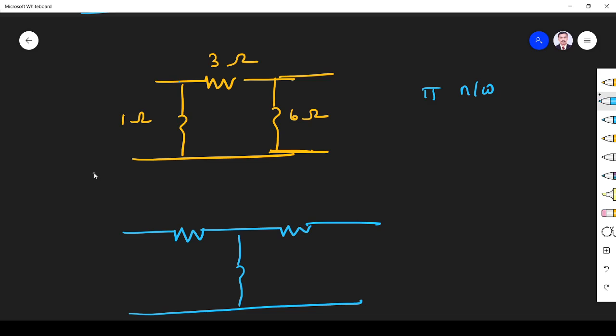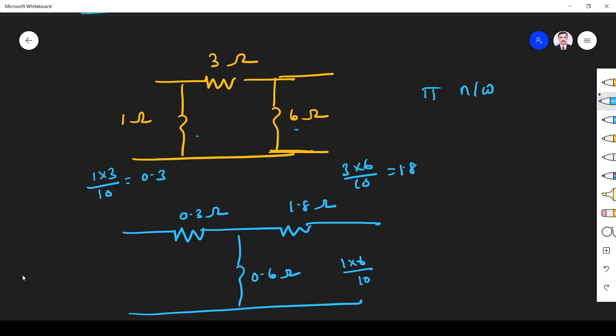So 1 into 3 divided by 3 plus 1, 4, 4 plus 6, 10. So 3 by 10, which is 0.3 ohm. Here 3 into 6 divided by the sum of all resistors, 10, is 1.8 ohm. Here 1 into 6 divided by total resistance 10 is 0.6.